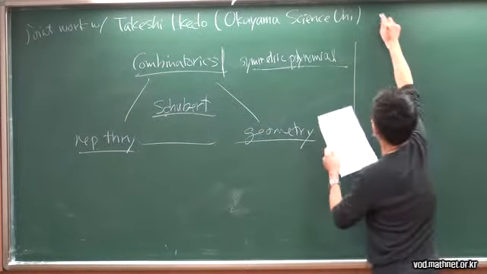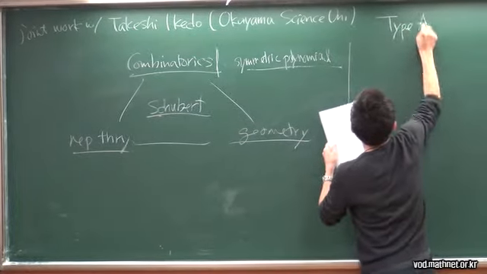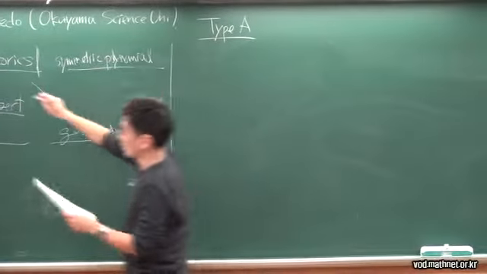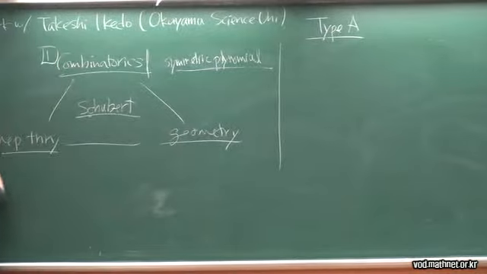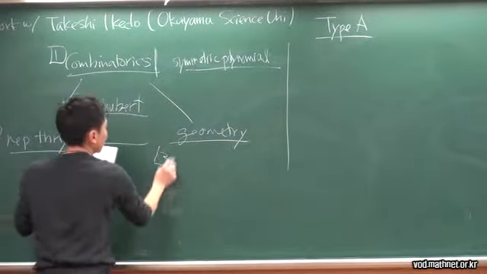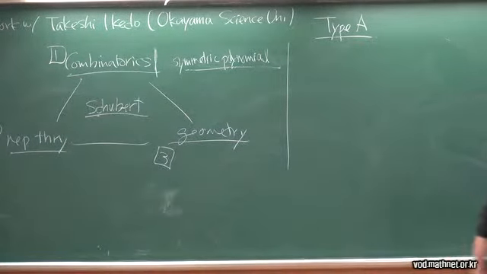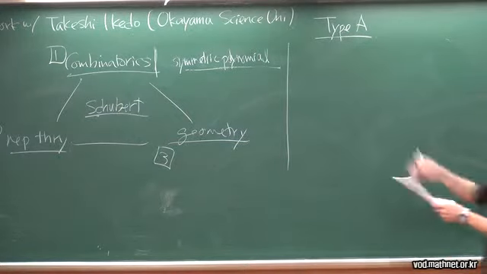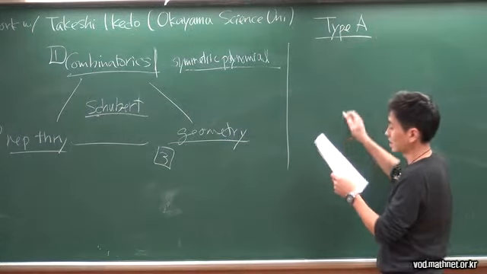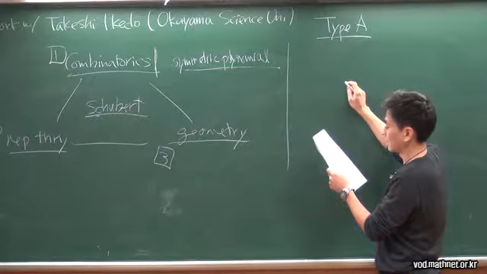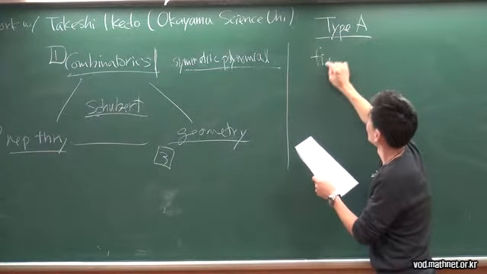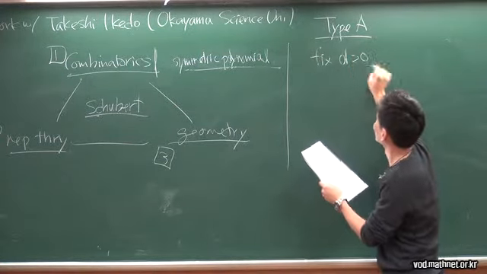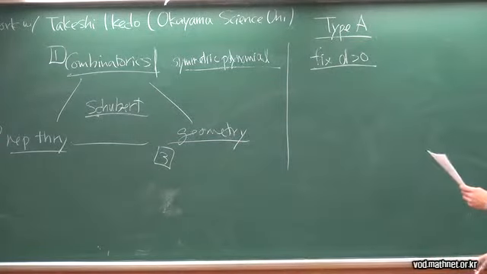So let me start. Type A case. Let's put the numbers 1, 2, 3. What kind of objects are we looking at in this triangle? On the side of combinatorics, let's fix d first, some positive integer.